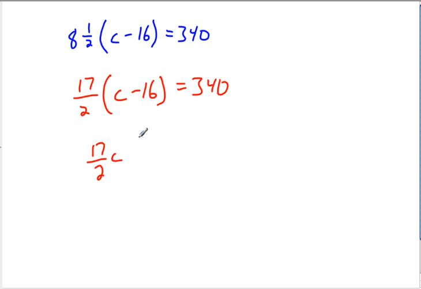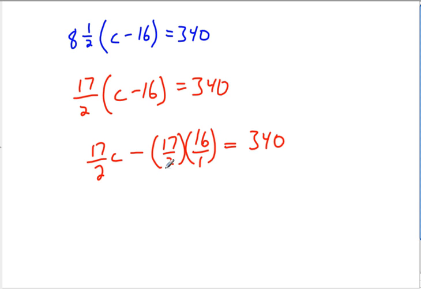Now we're going to do this minus, so we're going to bring that down, and we're going to have 17 over 2 times that 16, and we'll just say over 1 because it's a fraction, and that's going to equal 340. Now this is actually easily reducible, right? So it's actually just 17 times 8.